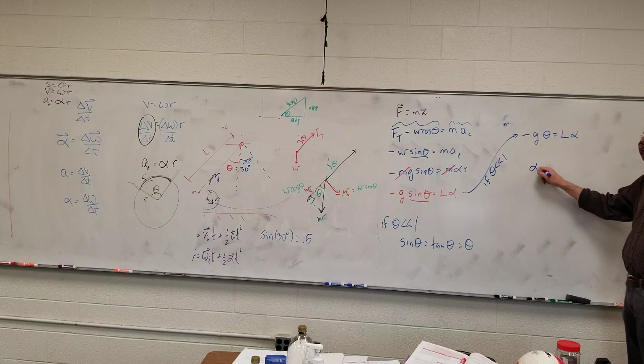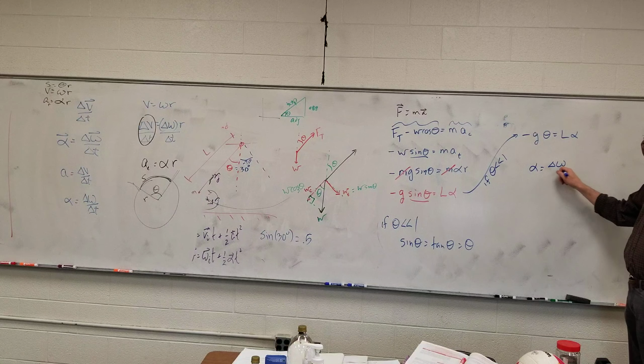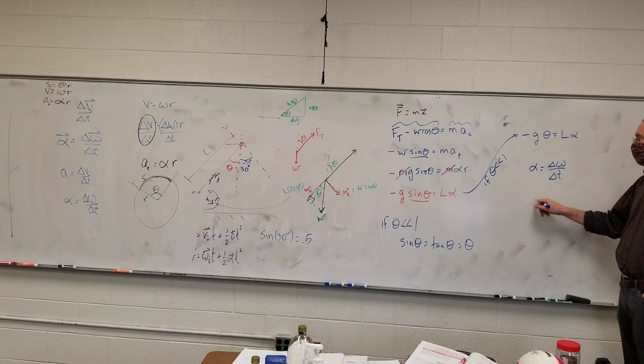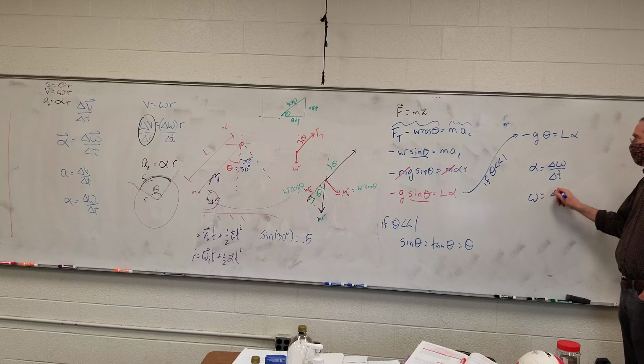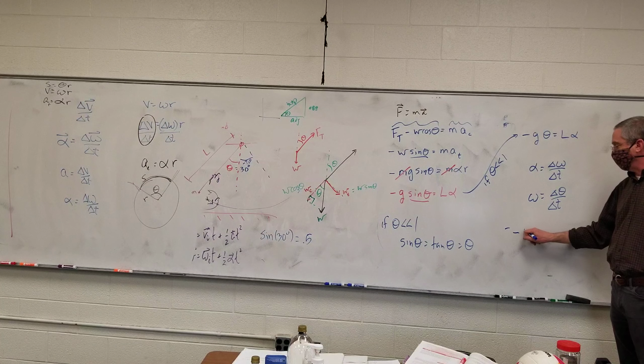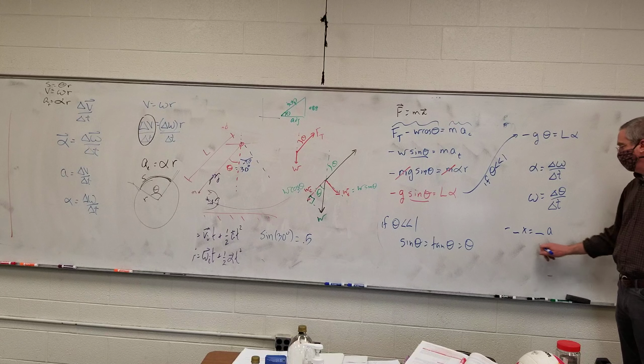Since alpha is the change in angular speed over time, and angular speed is the change in theta over the change in time, we now have a direct parallel to Hooke's law. Because in Hooke's law, we have negative something times x is equal to something times a.